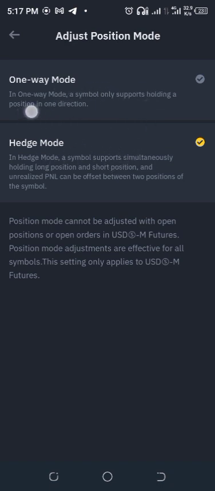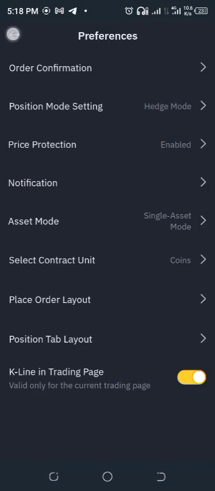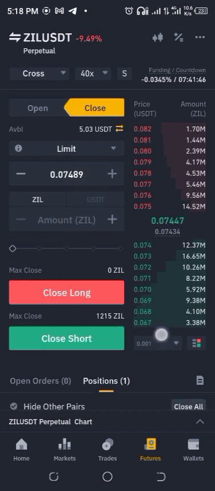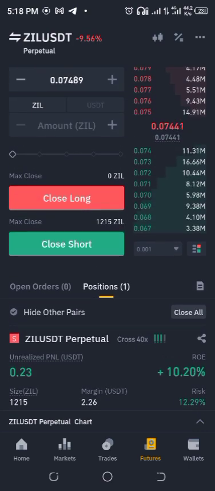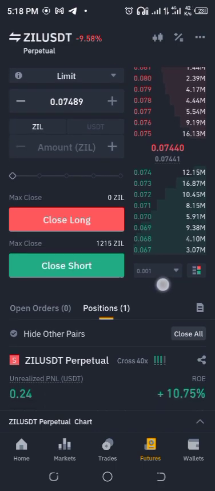It's written here: one-way mode, a symbol only supports holding a position in one direction, while in hedge mode, a symbol supports simultaneously holding long position and short position, and unrealized profit can be offset between two positions of the symbol. So it will allow you to open two positions on one contract. That is what hedge mode actually means.